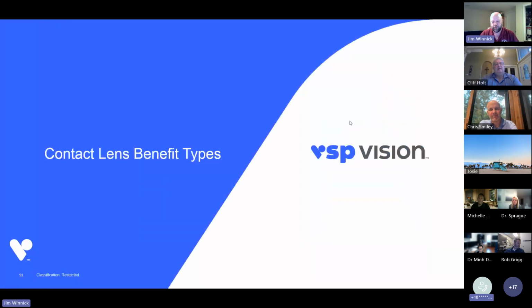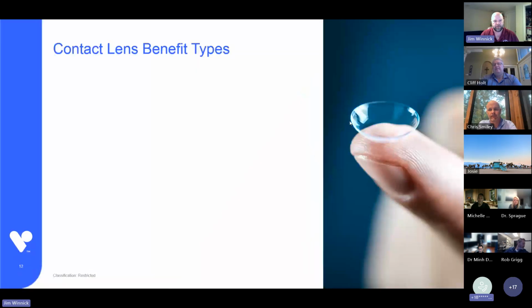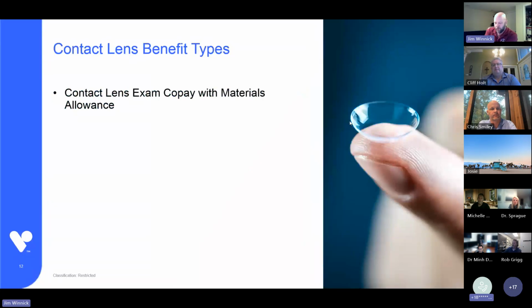Okay, let's go through the different contact lens benefit types, which are contact lens exam copay with materials allowance. This is VSP's current primary offering to clients. They're always going to lead with signature and then go from there. This is the one that they want the clients to take for our patients.